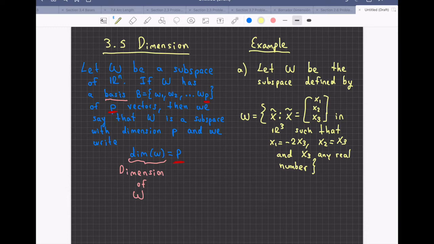So we have a subspace with all the vectors in R3 in this form.